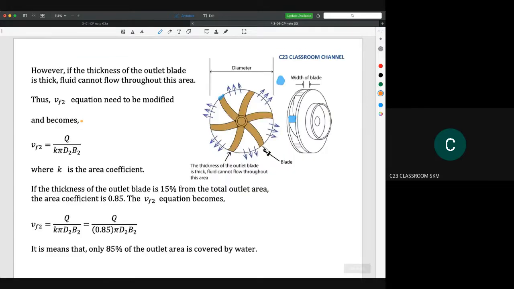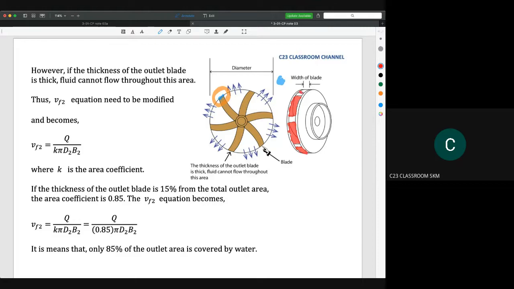However, if our blade is thick at the end here, it will create a gap here. So the water, the liquid, could only travel in this area. Not all the area is where the water comes out.